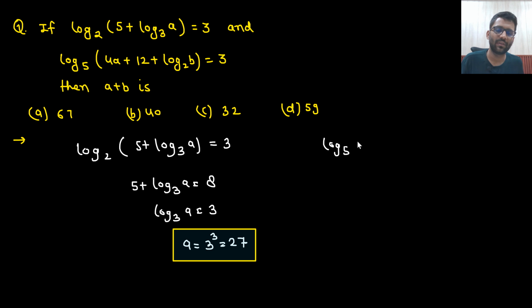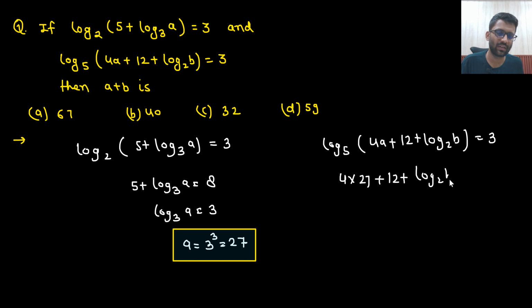So a is 27. What about the next one? log_5(4a plus 12 plus log_2 b) is 3. The a value is 27, so 4 into 27, plus 12, plus log_2 b equals 5 to the power 3, which is 125.